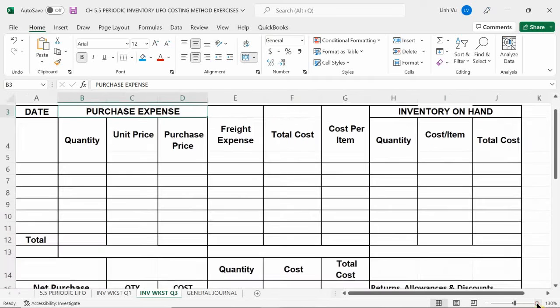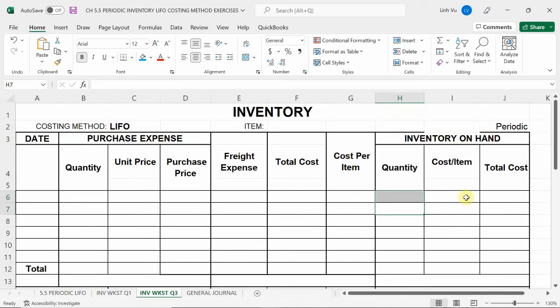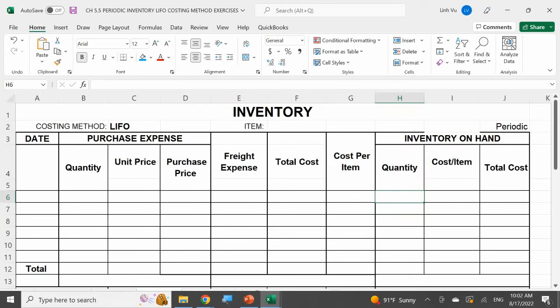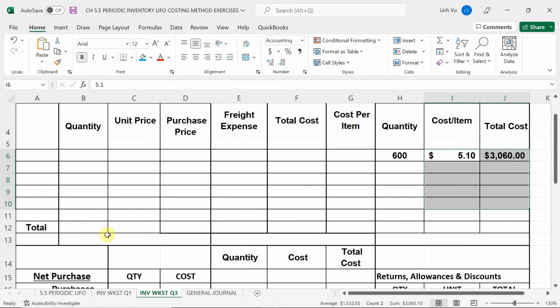$3,060. So what you can do here is go on to the right side under our inventory on hand and acknowledge we have 600 units at $5.10, which should give you a grand total of $3,060. Okay, so again, format it how you'd like. And of course, this right here is the totals.